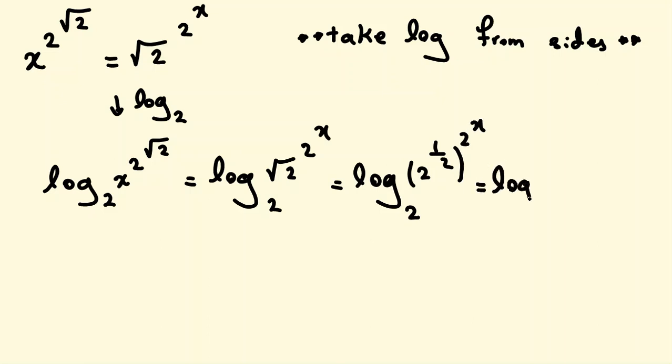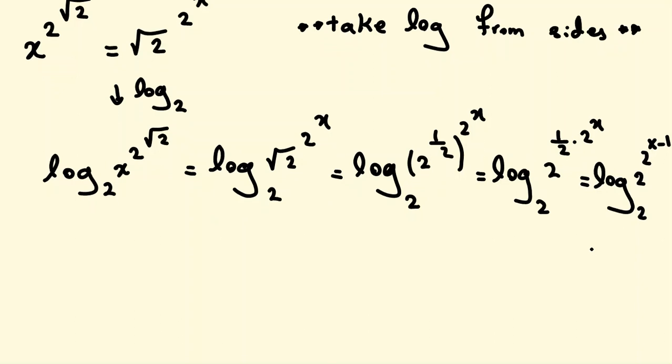And then we can write 1/2 times 2x, and it will be 2x over 2, so it will be 2x minus 1.